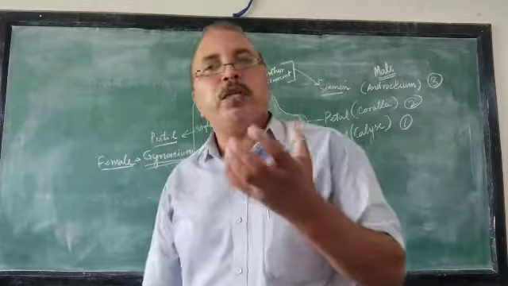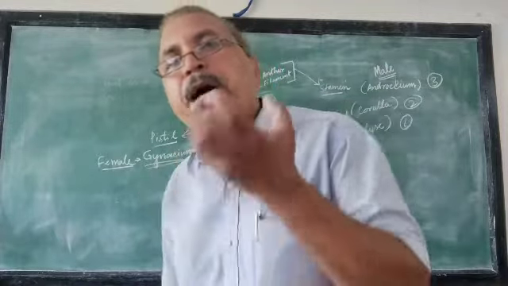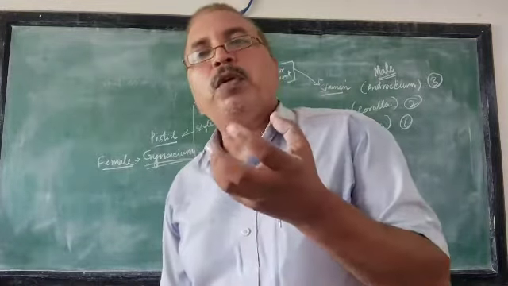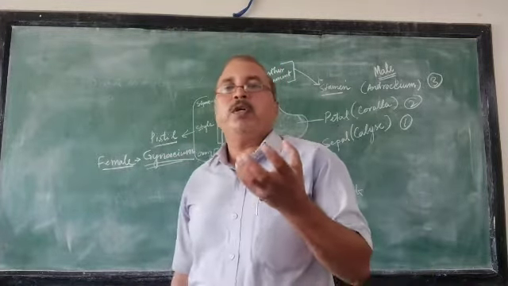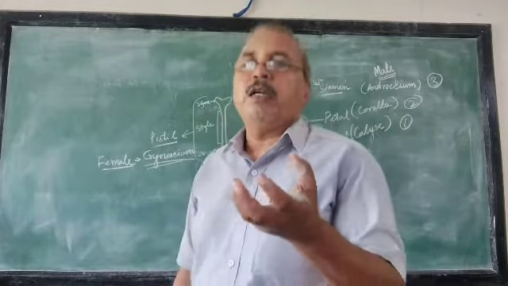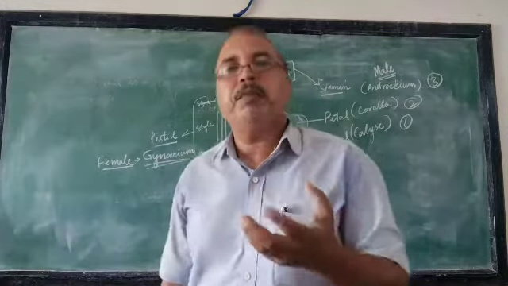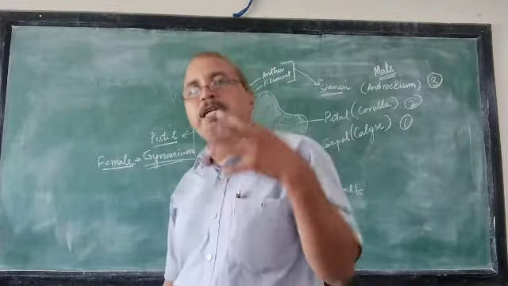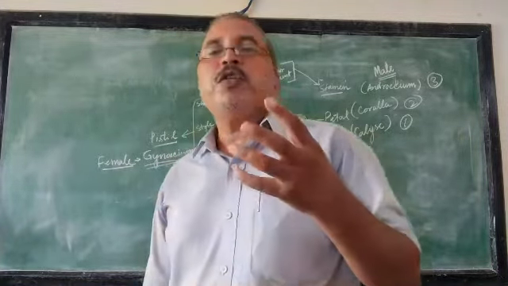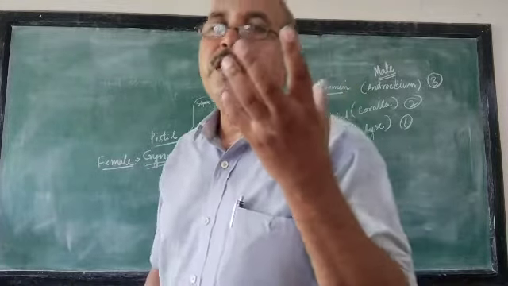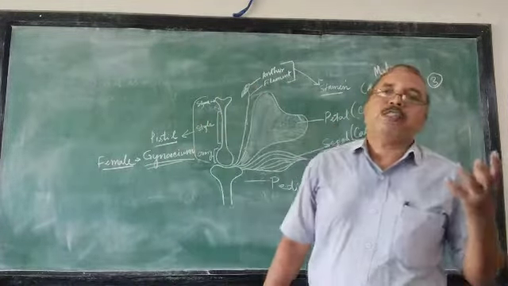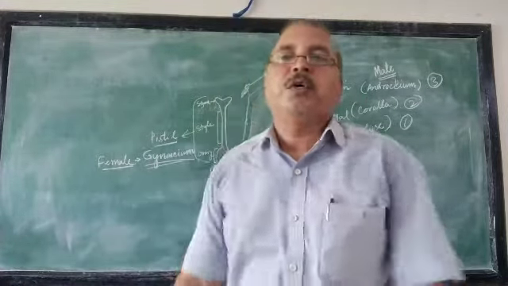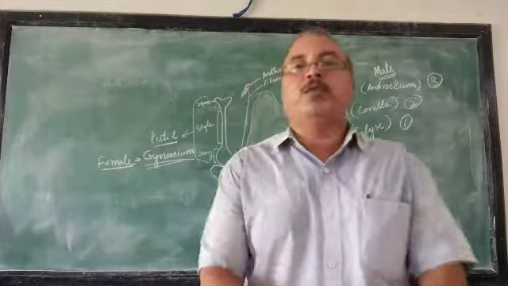In that case, will you call them bisexual flowers? No. If only the female part is present, we call it a female flower. So flowers may be female, male, bisexual, or neuter, where both parts are present but are inactive. They can't perform their duties.